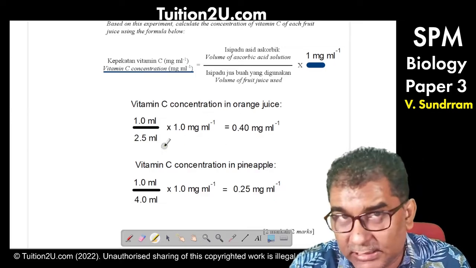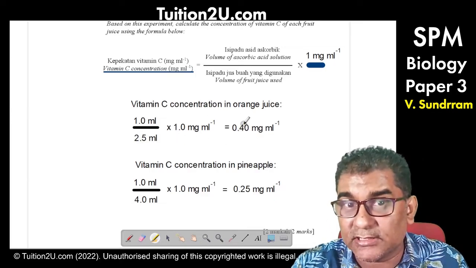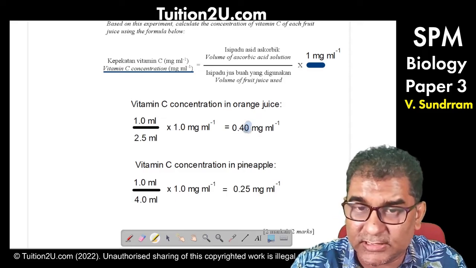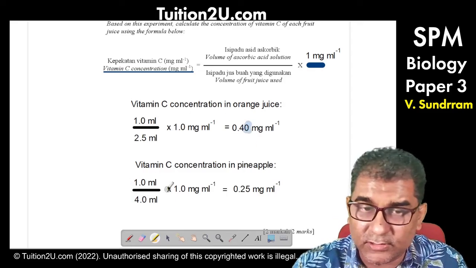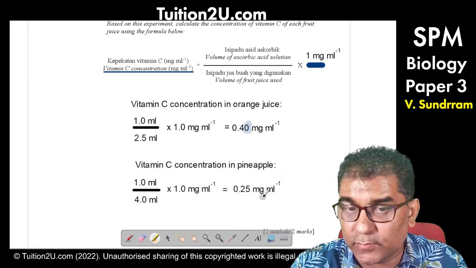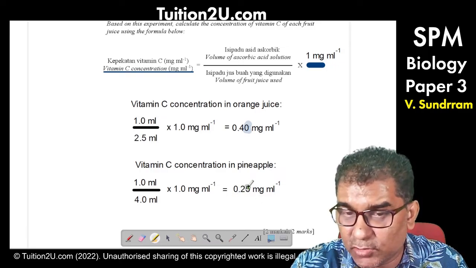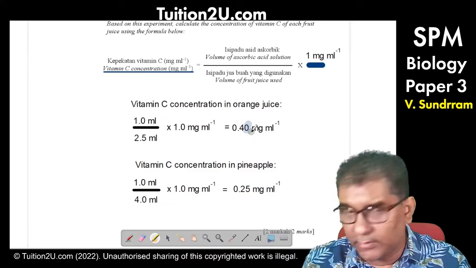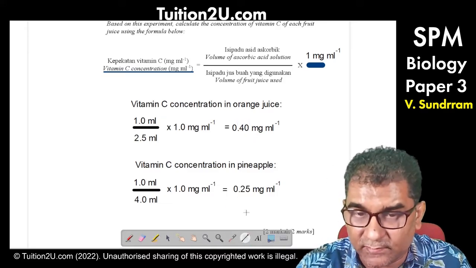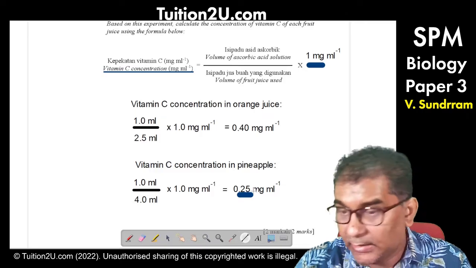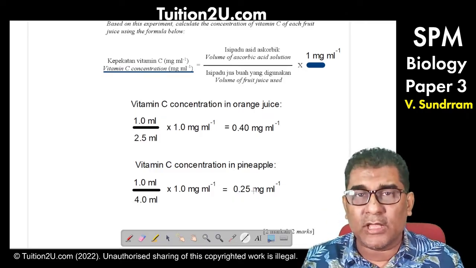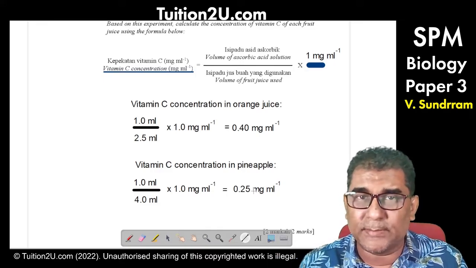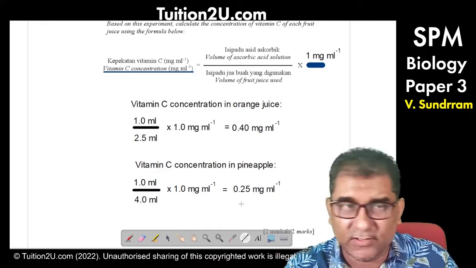So you do the calculation. When I started the calculation, I got 0.4. I wrote 0.4 milligram, and this 0 I didn't write. When I did the second calculation, I got 0.25. Here I come back and change it to 0.40 to make sure I have the same decimal point. If you have a very long number, 0.3333 for example, normally for SPM level, 2 decimal points is enough.